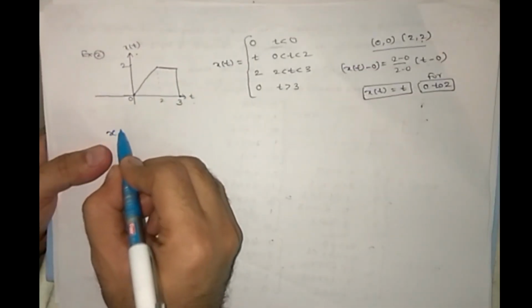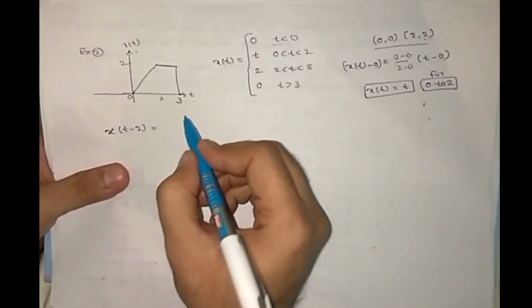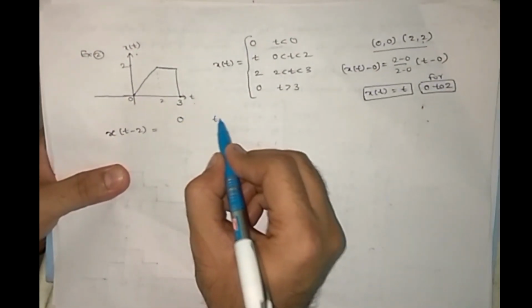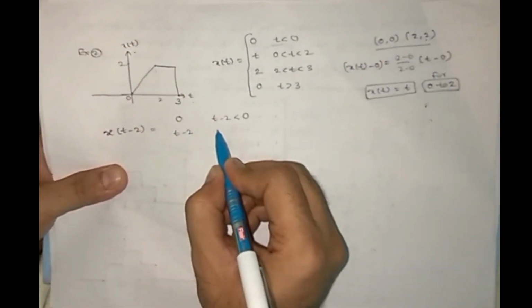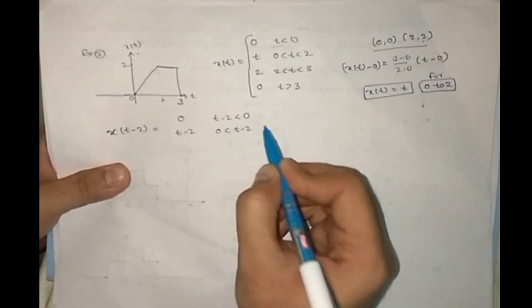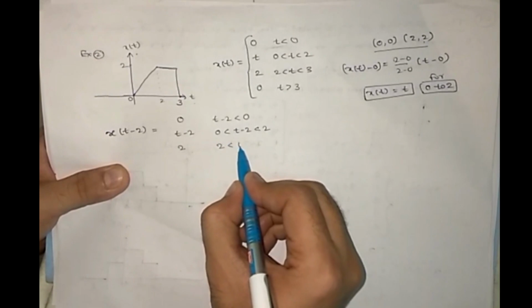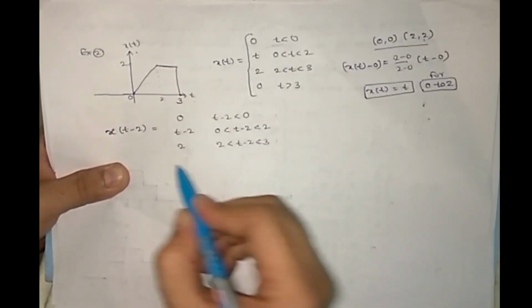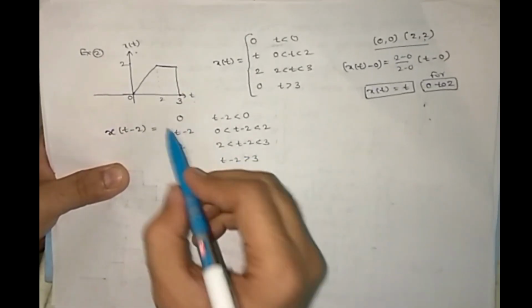If I want the x of t minus 2 signal, how am I going to solve it? Wherever t is there, you replace it by t minus 2. That's it. It is 0 for t minus 2 less than 0, t minus 2 for 0 less than t minus 2 less than 2, 2 for 2 less than t minus 2 less than 3, and 0 for t minus 2 greater than 3.